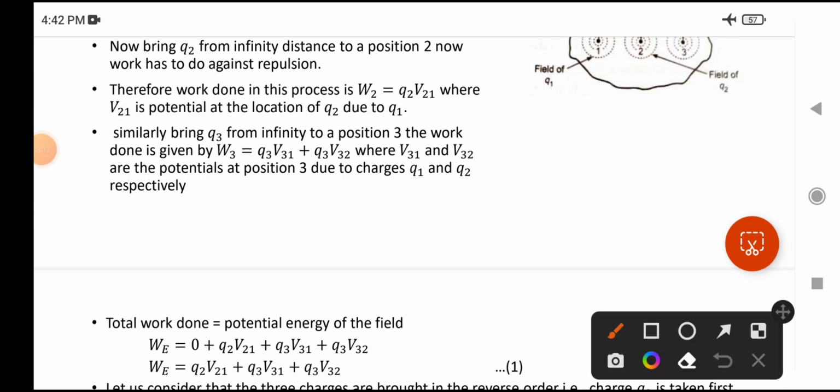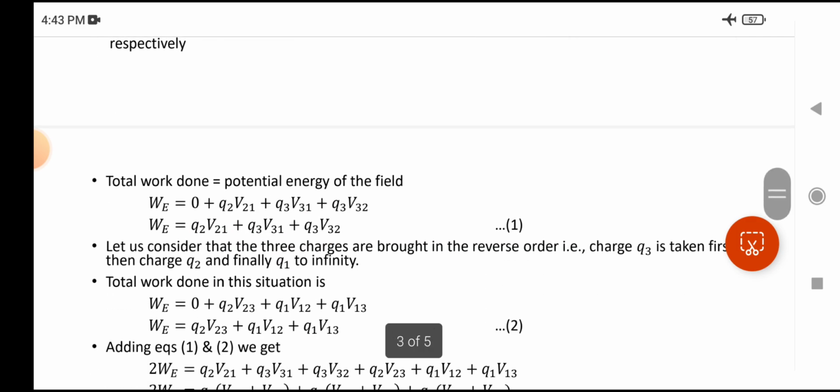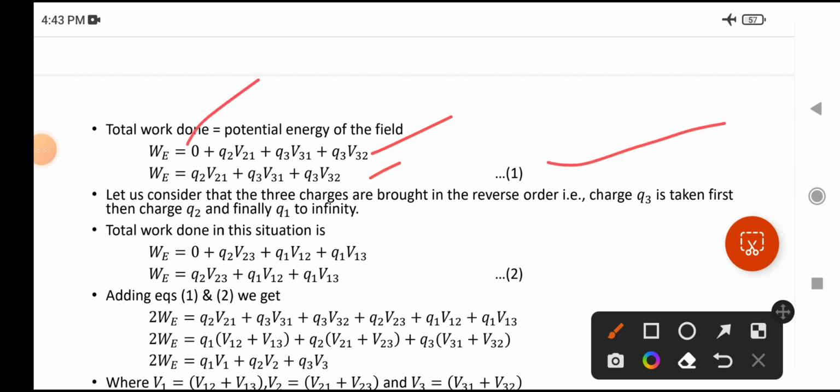Right, so W1 is already 0, W2 is this one, W3 is this. I think you have understood it clearly. Okay, and from this we can write like this by removing the 0. Let it be equation 1.